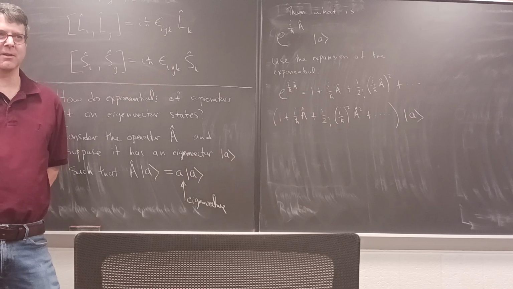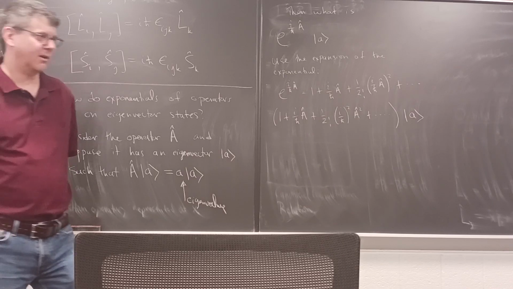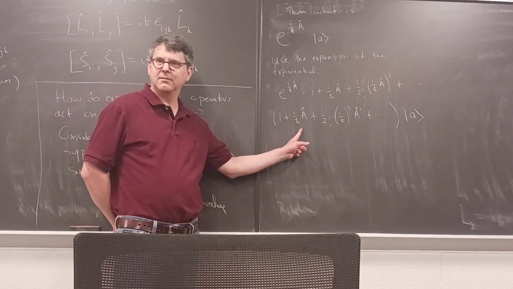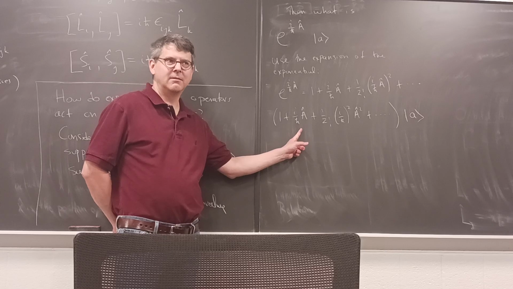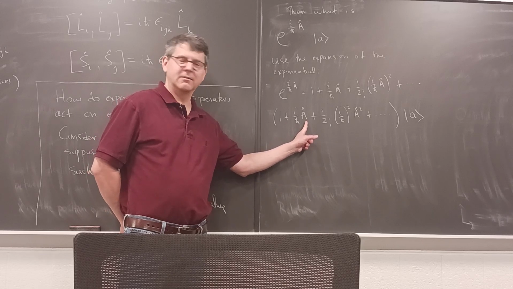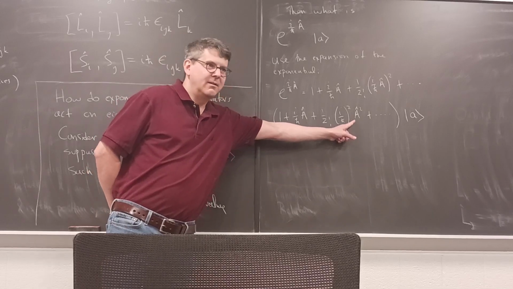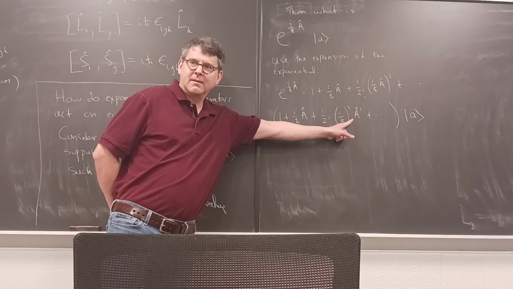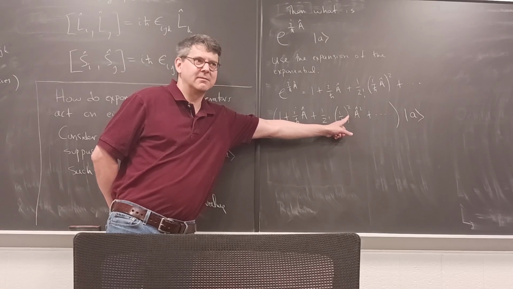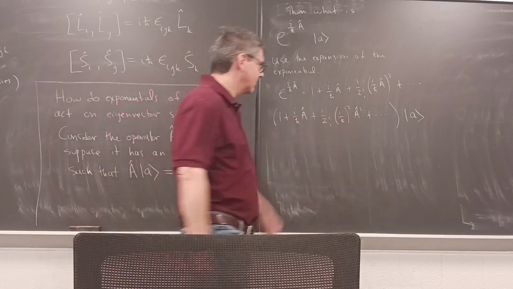What does 1 times the state vector give me? Just the state vector, right? What does this term give me? An eigenvalue times i over h bar. Right, this just gets replaced with a. What about here? A squared, because it just operates twice.